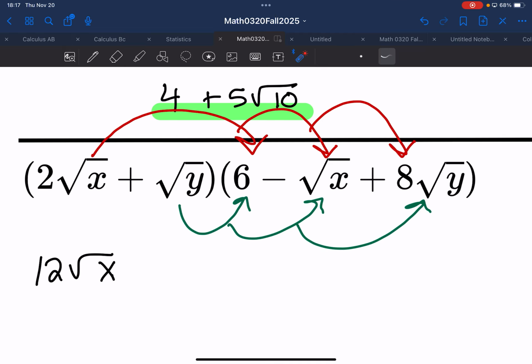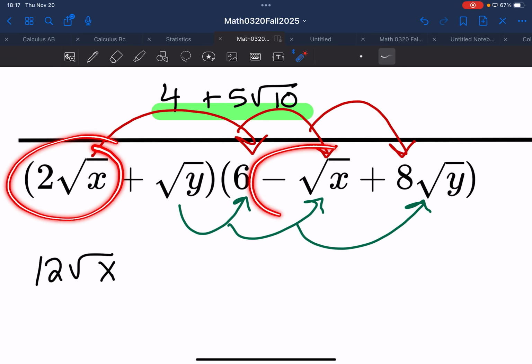Okay, so the next one is 2 square roots of x times negative square roots of x. So negative 2 times the square root of x squared. Which simplifies to what?